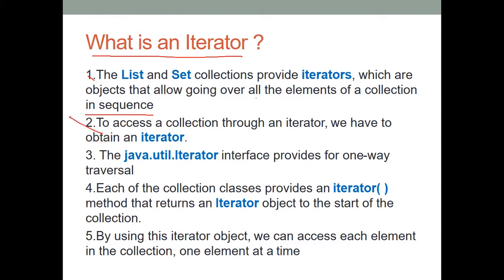To access a collection through an iterator, we have to obtain an iterator. The java.util.Iterator interface provides one-way traversal. Each of the collection classes provides an iterator method that returns an iterator object at the start of the collection. By using this iterator object, we can access each element in the collection one element at a time.